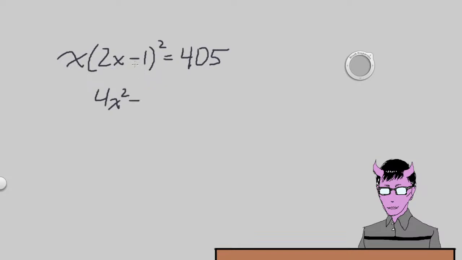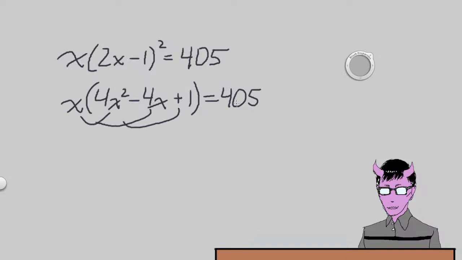So that gives us negative 4x, and then negative 1 squared, plus 1. So that's the quick binomial expansion for exponent 2. Alright, so we just distribute this x to each of those, and then we're going to move this over to the other side. So here we go.